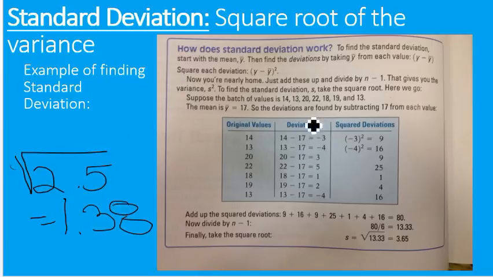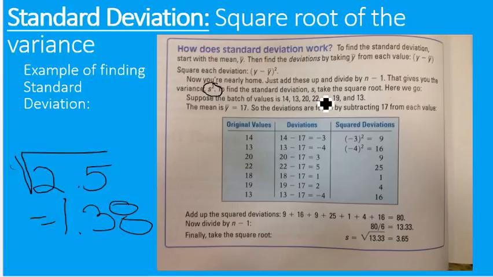You may take a second to look at this example. It's another example. To find the standard deviation, start with the mean or y bar, then find the deviations by taking your mean from each value and squaring them. You just add up those and divide it by n minus 1, and gives you your variance, which is also known as s squared.